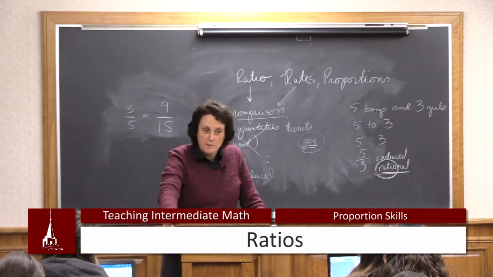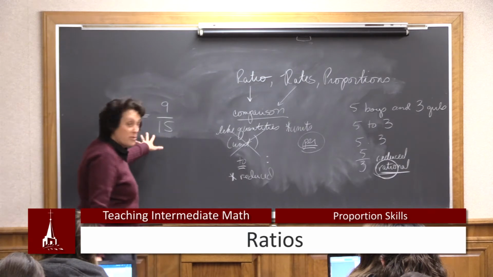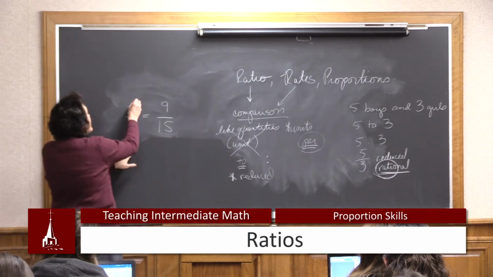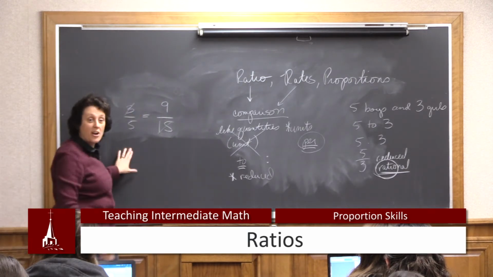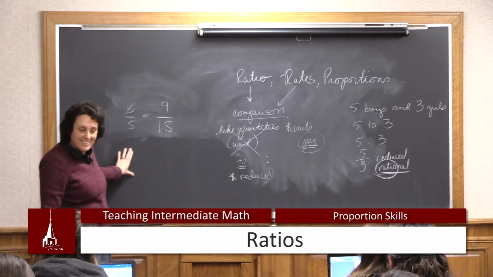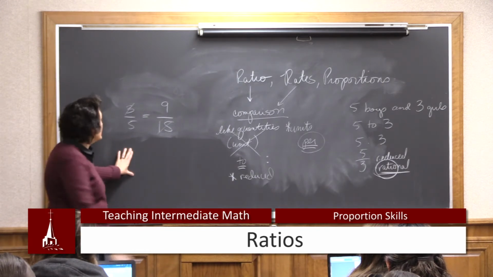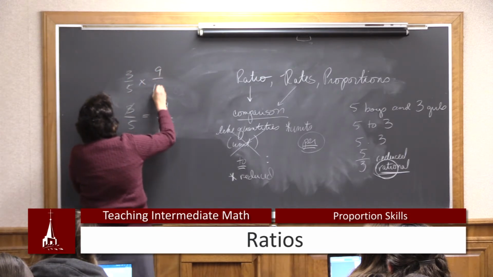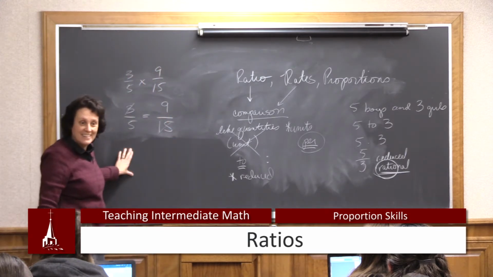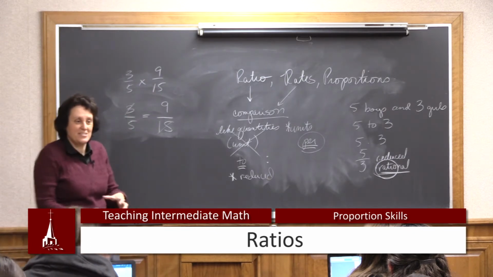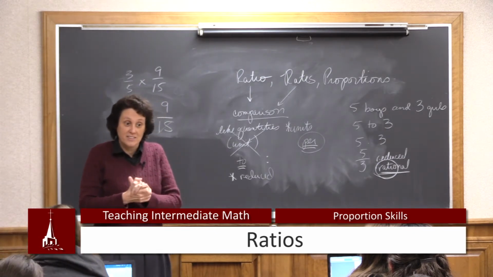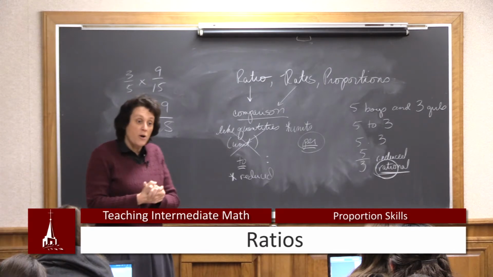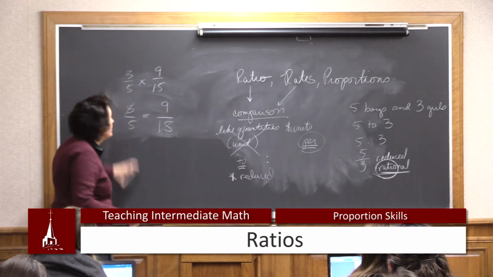Do you know what some of my 7th graders do to this proportion? They cross cancel. Are you allowed to do that? It looks very similar to this fraction multiplication problem, doesn't it? And they see this 3 and this 15 and it just drives them nuts. They've got to cross cancel. We don't cross cancel proportions, do we?